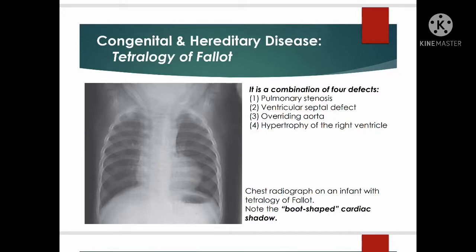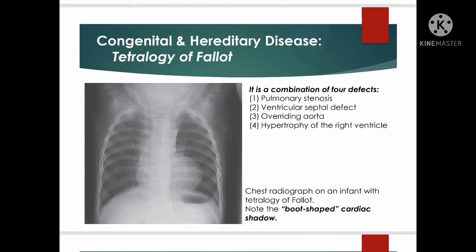Next is the tetralogy of Fallot. This is a combination of four defects. First is the pulmonary stenosis. This prevents passage of sufficient volume of blood from the right ventricle to the lungs and results in the most common cause of cyanosis in infants with CV anomalies. Next is the ventricular septal defect and the overriding aorta.